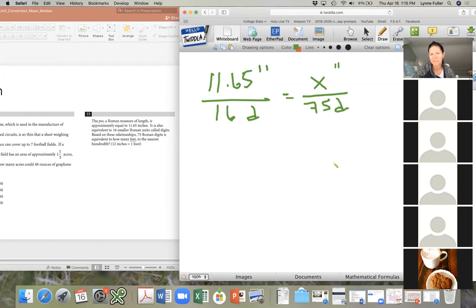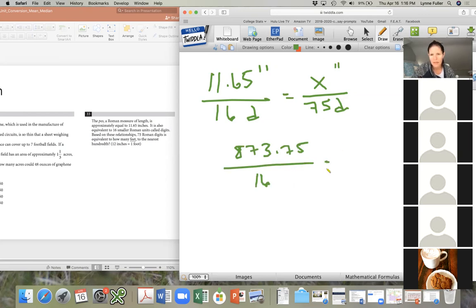Okay, so 75 times 11.65 is 873.75. And then you cross multiply and then divide. So then we would divide that by 16.